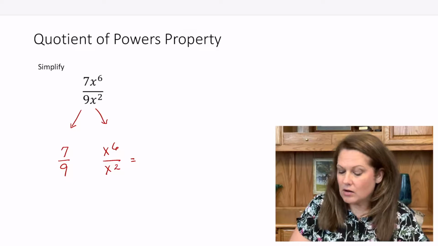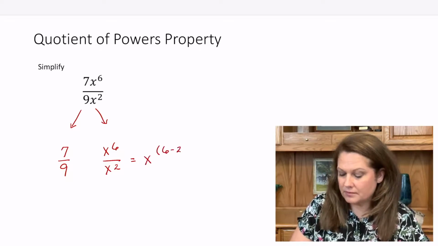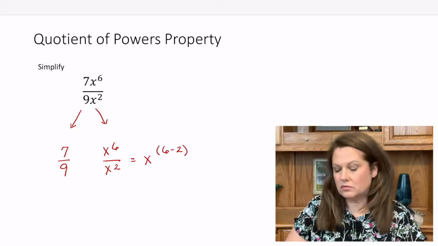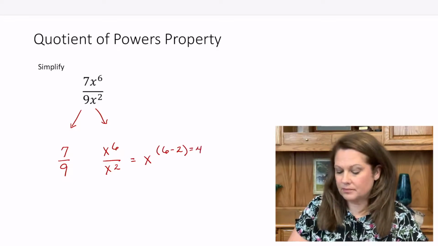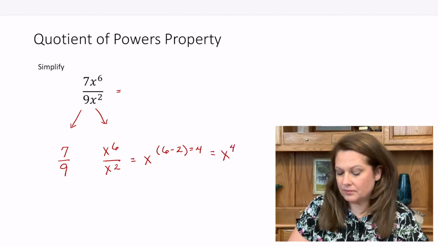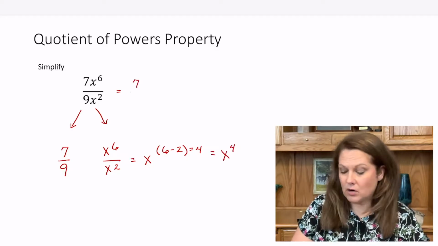Yeah. So all we have to do is subtract our exponents. 6 minus 2, yep, that's 4. We're going to put our 2 sets of answers together. So our simplified form is 7/9 times x to the 4th.